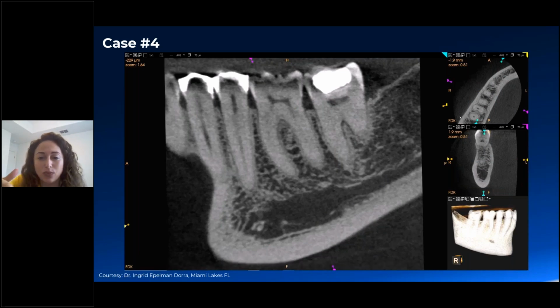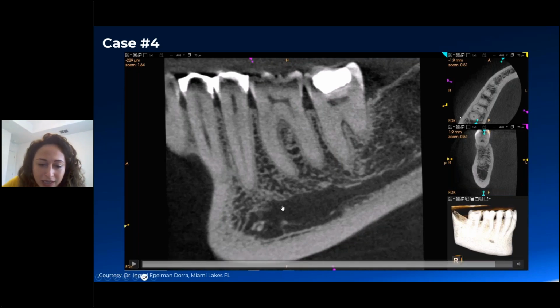When we see this, we have to think of either a tumor of neural origin, of vascular origin, or malignancy. And this actually turned out to be a schwannoma, or a tumor of neural origin, which is really more benign than having a malignancy.